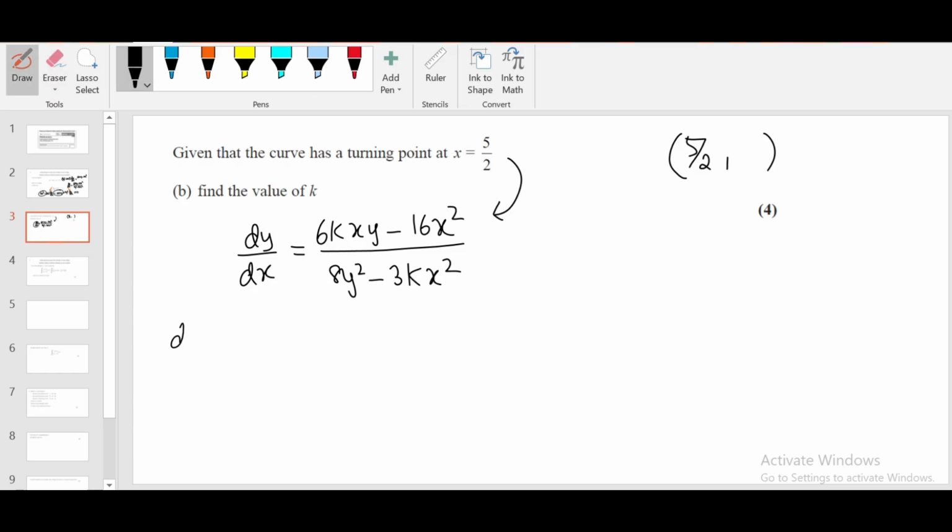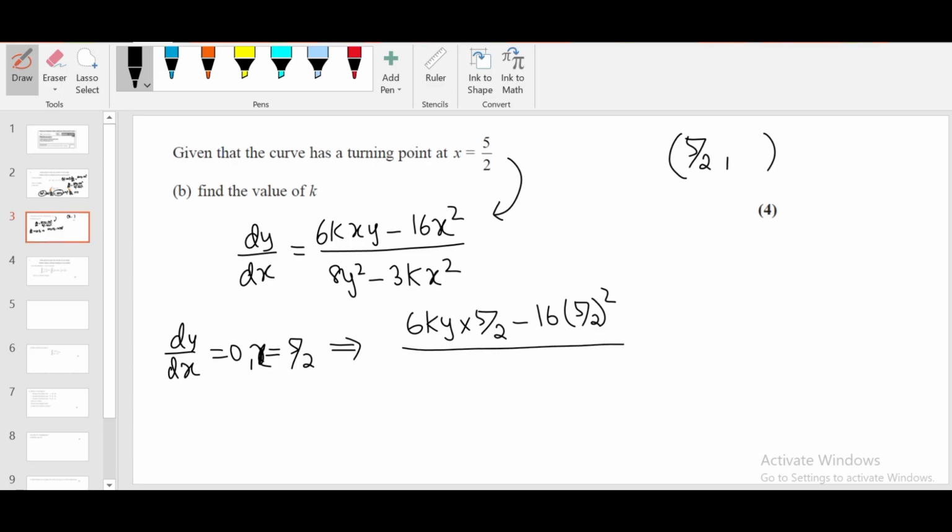So you write dy over dx is equal to 0, x is equal to 5 over 2, which implies, replace x by 5 over 2: 6ky times 5 over 2 minus 16 times 5 over 2 whole squared, divided by 8y squared minus 3k times 5 over 2 whole squared, is equal to 0.